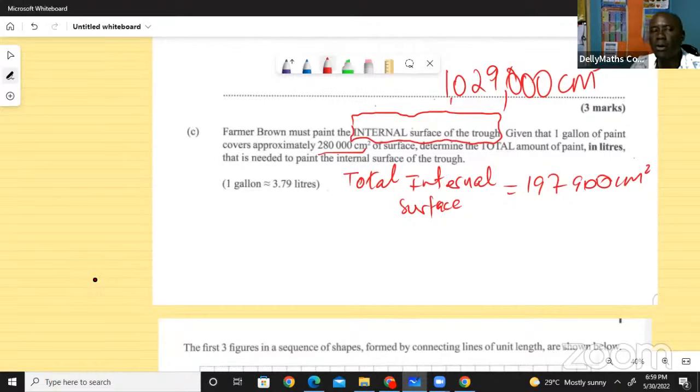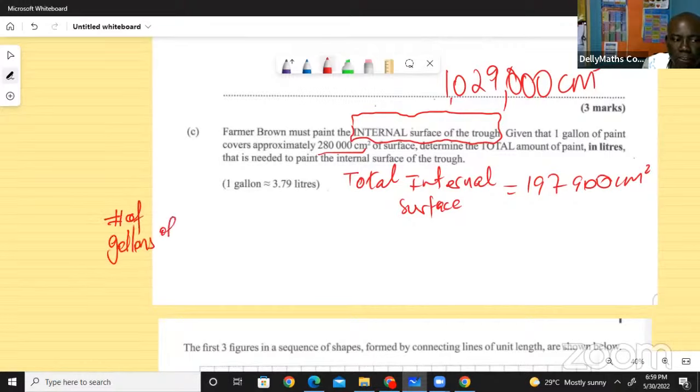What we want to think about now is that they told us that 1 gallon will paint 280,000. This is less than 280,000. So we know that we're not even going to use a gallon to paint this, because 1 gallon can paint 280,000 and this is just 197,900. So I want to know the number of gallons.